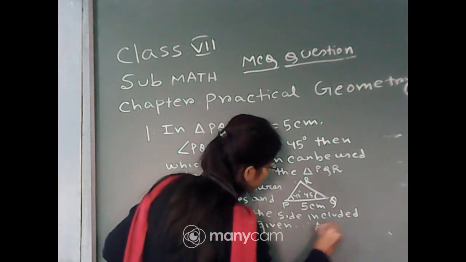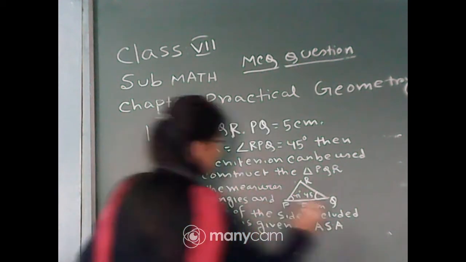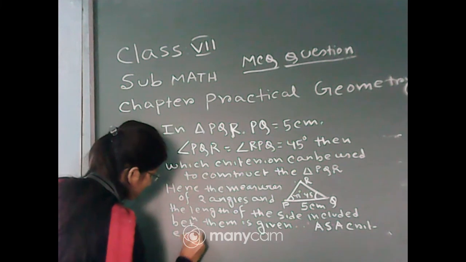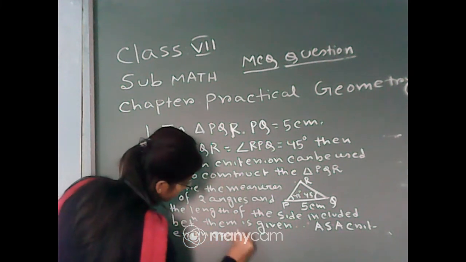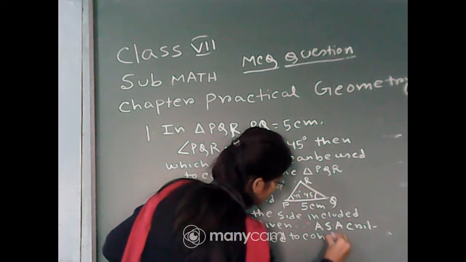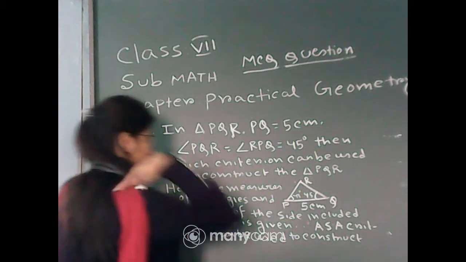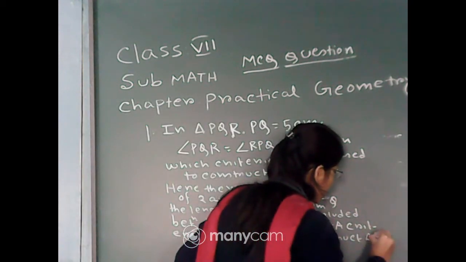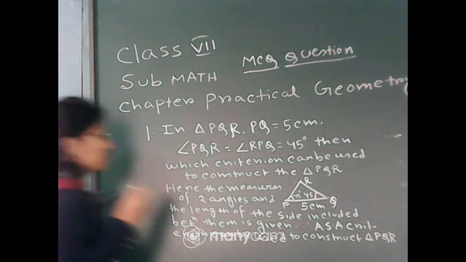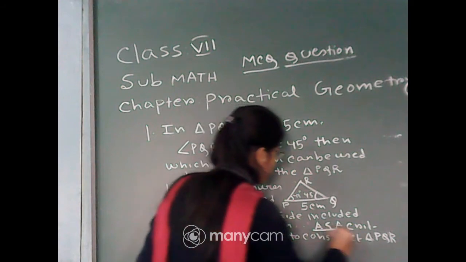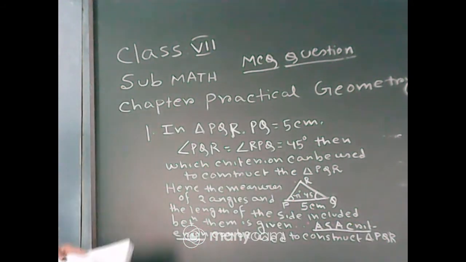Therefore, angle-side-angle criterion can be used to construct the triangle PQR.